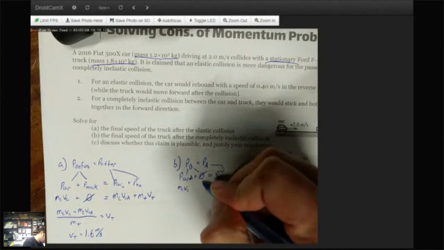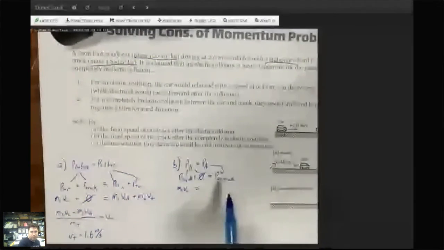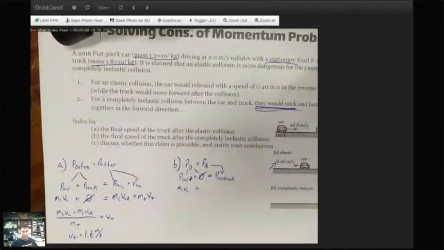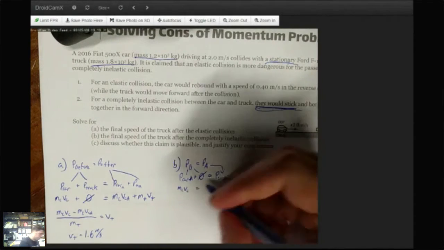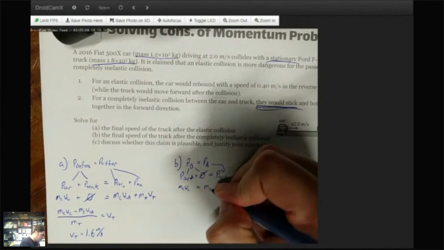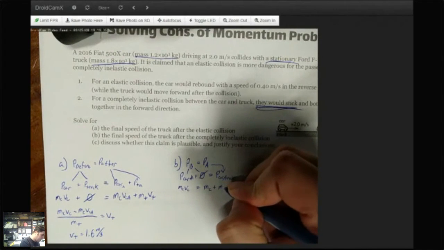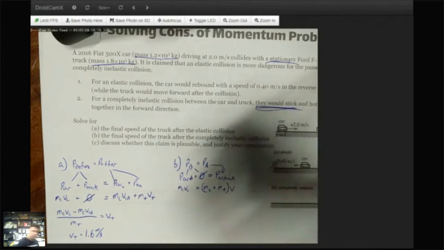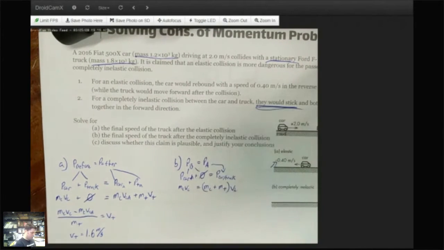Again, 0 doesn't matter. And now afterwards, because they are now one unit stuck together, we can write this as the mass of the car plus the mass of the truck times the velocity, I guess, of the truck. It's one v there. It's one term.